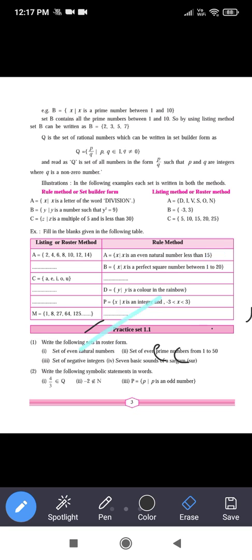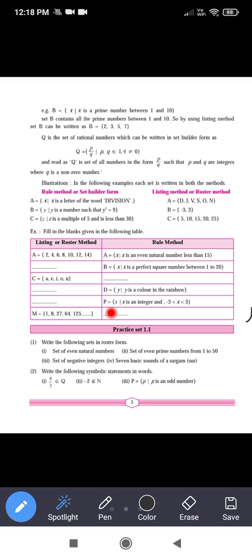See the next one. Here it is written in the rule method. We have to write it down in the listing method. Set P is the set of all x such that x is an integer and x is greater than minus 3 and x is smaller than 3. Now see, x is a variable, meaning x is nothing but the elements of this set, and x is in between minus 3 and 3.